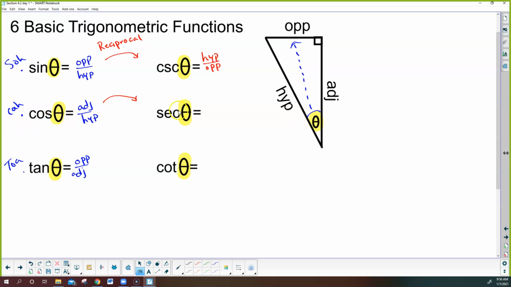And then secant is the reciprocal of cosine, so it's officially the hypotenuse over adjacent. And then cotangent is the reciprocal of tangent, which is the adjacent over the opposite. So we are expecting that you do remember those from third trimester last year.